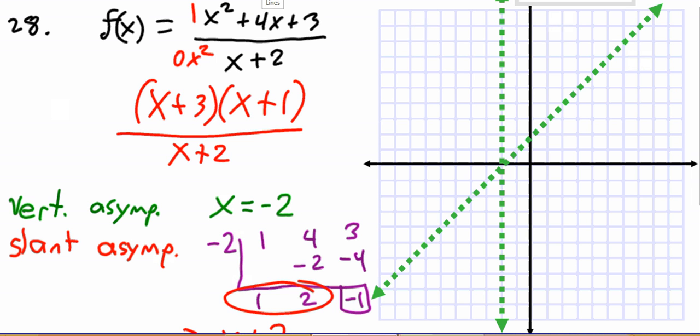So to get our x intercepts, you plug 0 in for y, which means you set it equal to 0. And when you set it equal to 0, the only thing that would make this equal 0 is if the numerator were 0. So we have two x-intercepts at -3 and -1.